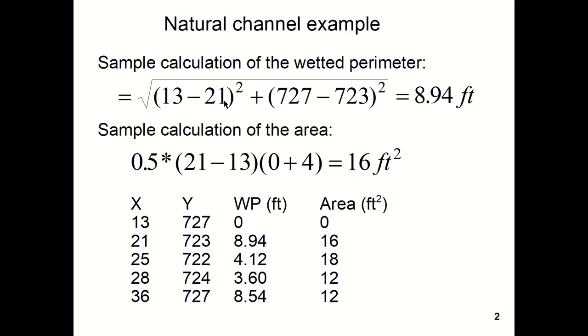You can see the Pythagorean theorem giving you a wetted perimeter for that particular sample of 8.94 feet. Here you see a sample calculation of a trapezoidal area. You need 2 points to do it, so right at the end, the first area will be equal to 0.